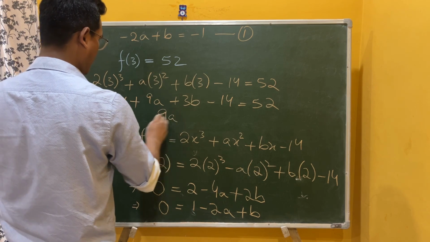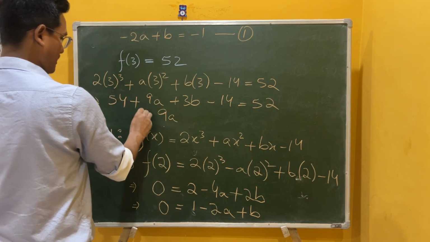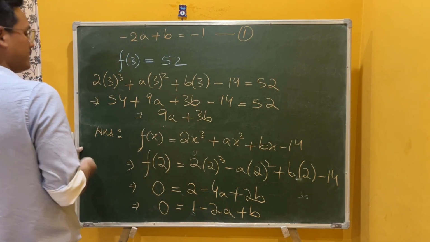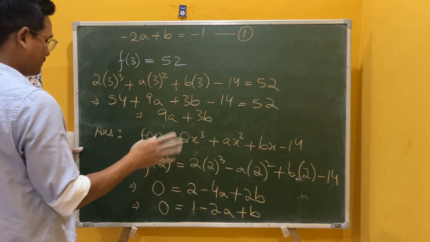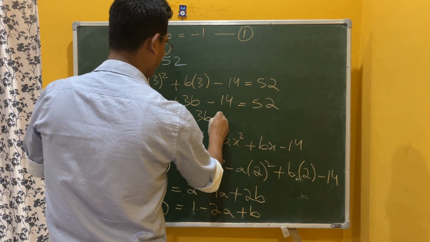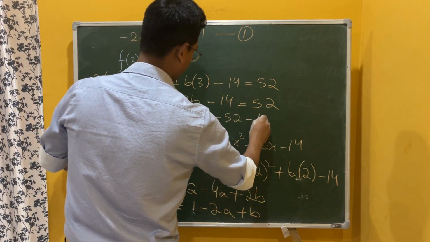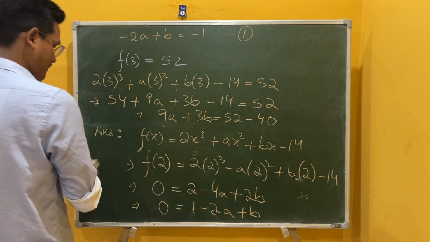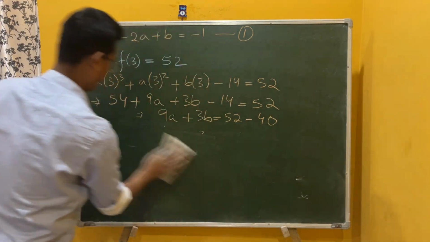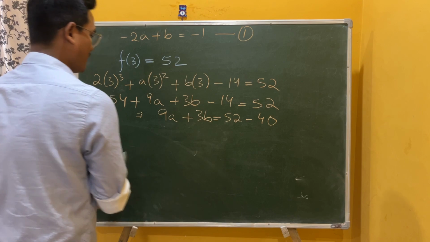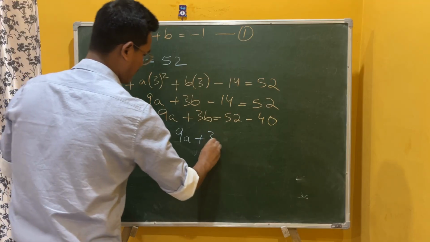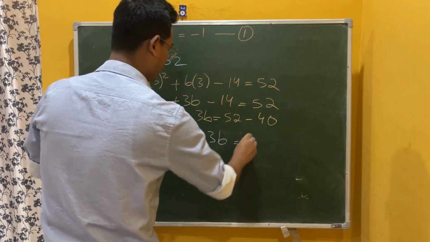So this is 9a plus 3b. 54 minus 14 is 40. If you send it to the other side, it's going to be 52 minus 40. So it is 12. So 9a plus 3b equals 12.